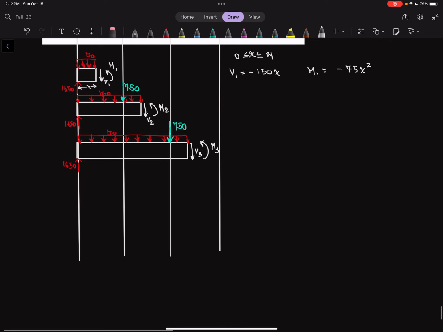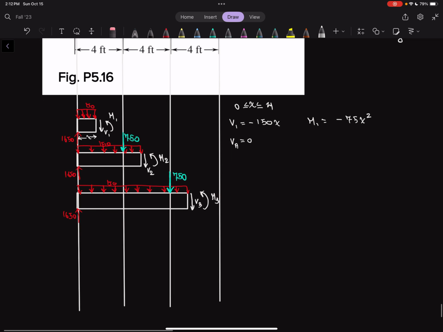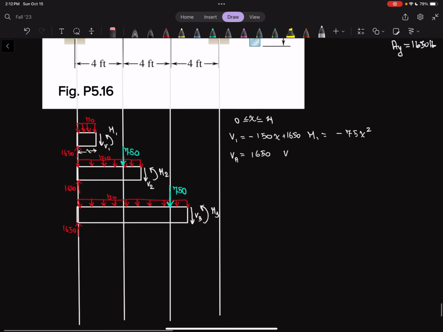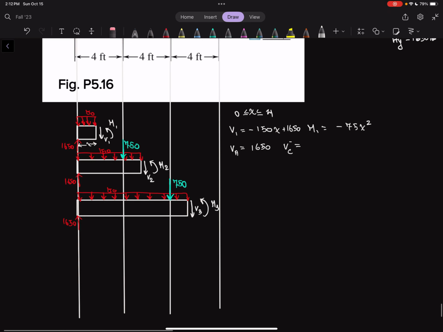So we can evaluate them. V at A is equal to 0. Well, we forgot to put the 1650. So V at A is equal to 1650. And V at C from the left is equal to 1650 minus 150 times 4, which is 1050.